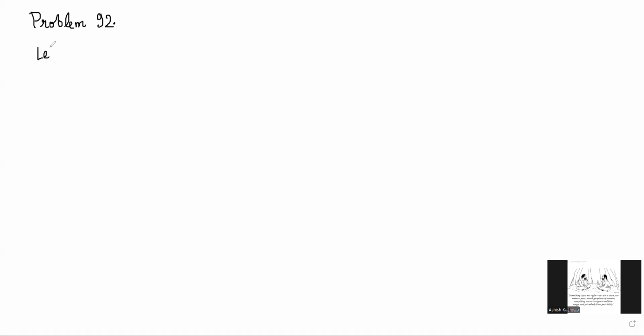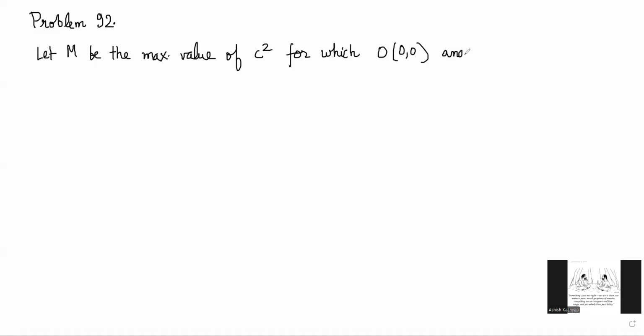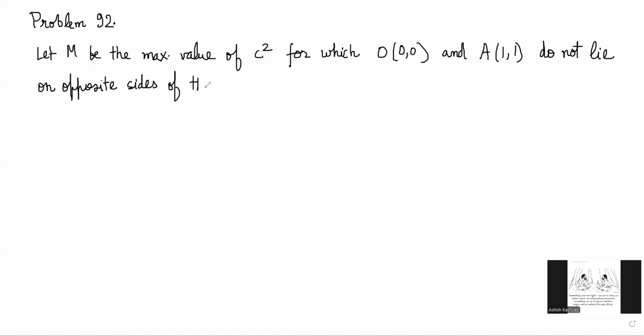The question says, let m be the max value of c square for which origin (0, 0) and point A (1, 1) do not lie on opposite sides of the straight line.